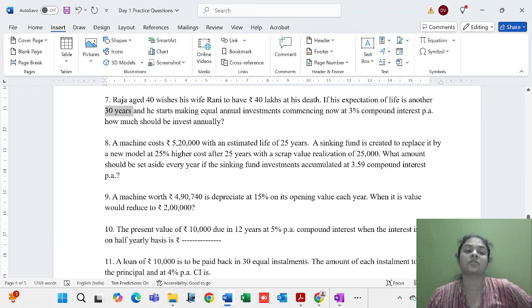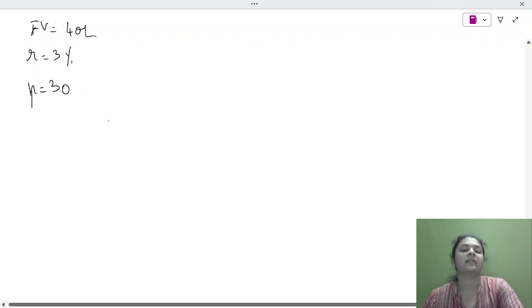Another 30 years they have said. So 30 more years. He is making equal annual investments. So what is required? Is the one-time amount required or is the annuity required? Equal investments means what? The value that they are asking you is to find out annuity.